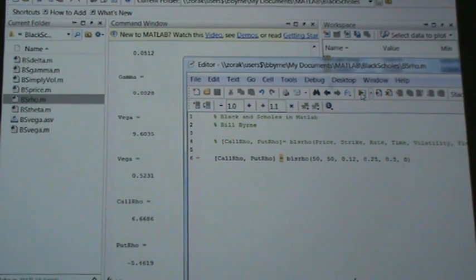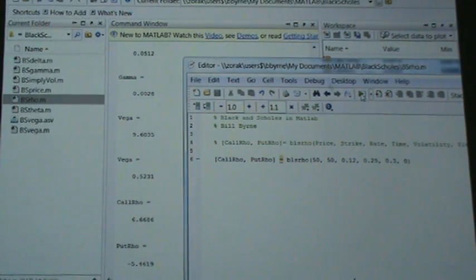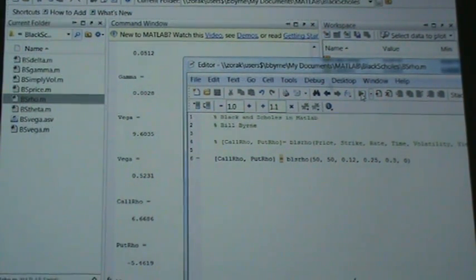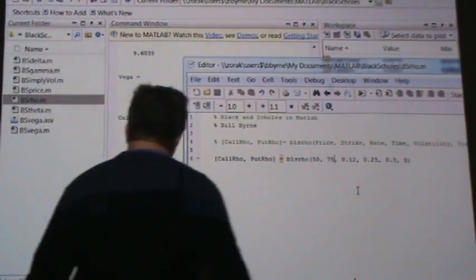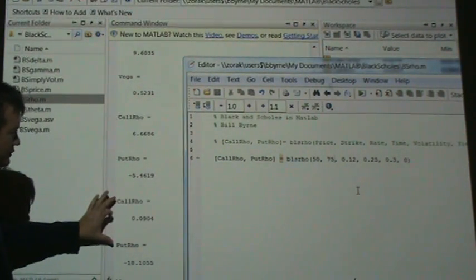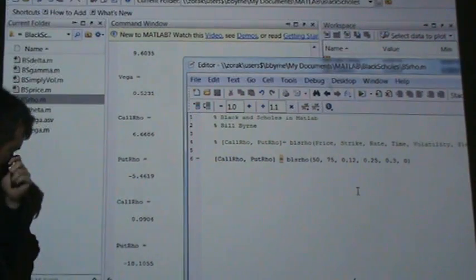And then if we were to change the strike price again to 75, then for our call rho, an increase in interest rates really doesn't help us too much because we're so far out of the money.